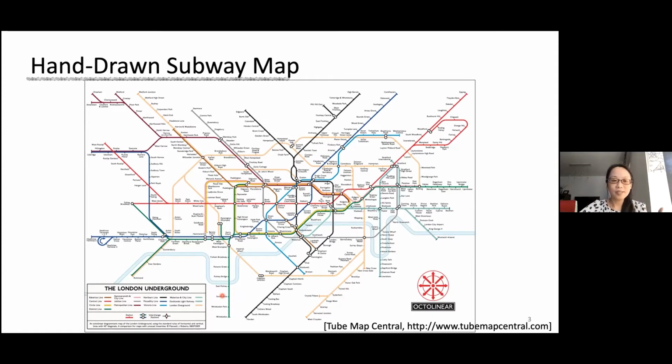Practically, why is drawing a set of nodes and a set of edges a difficult problem? Consider the most popular hand-drawn map in the world, I would say the London Underground subway map.